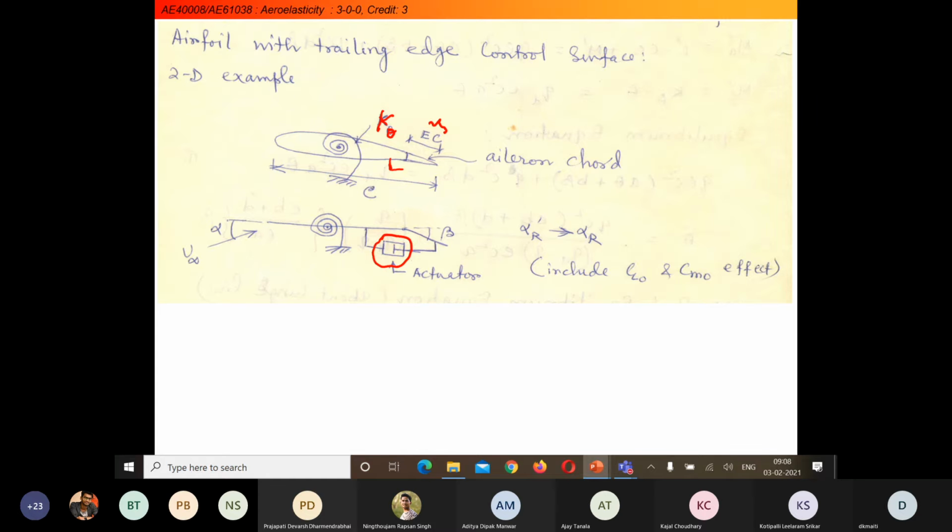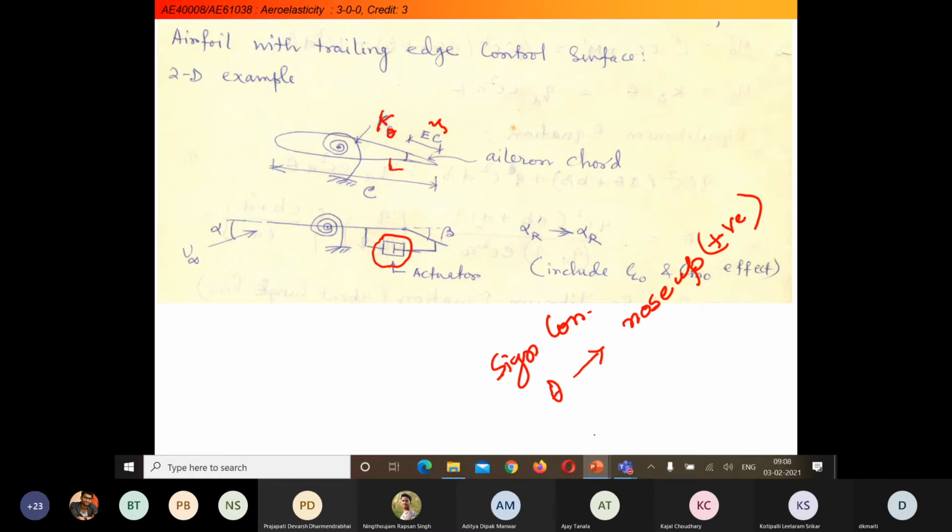In this case, the sign convention is like this. For theta, that is the angle of attack, nose up is positive.